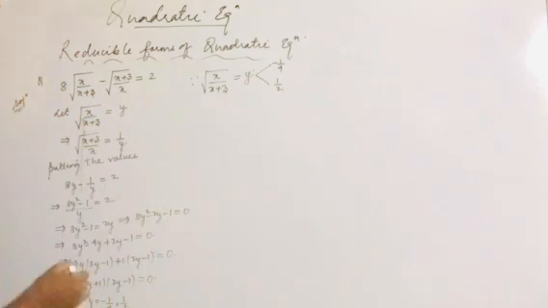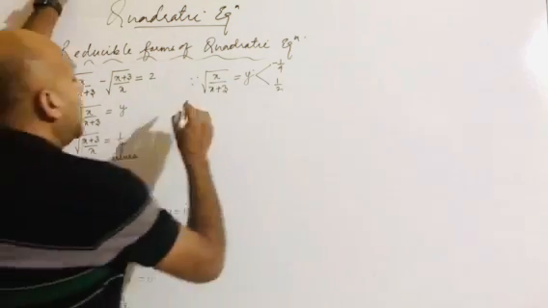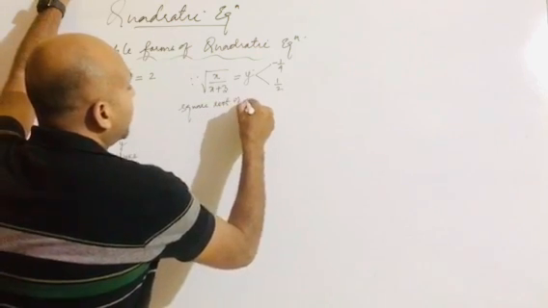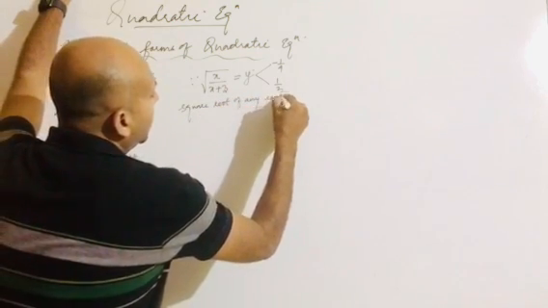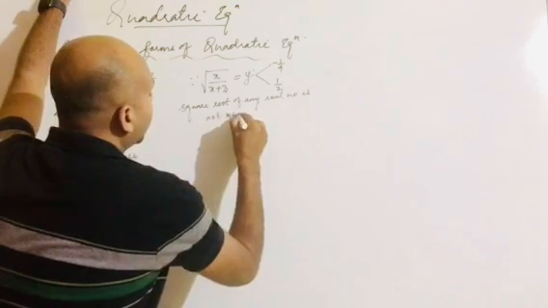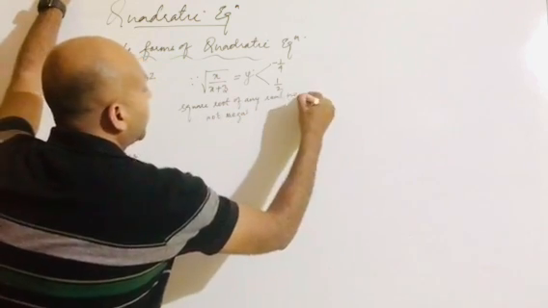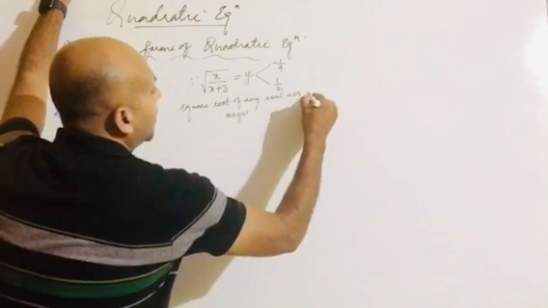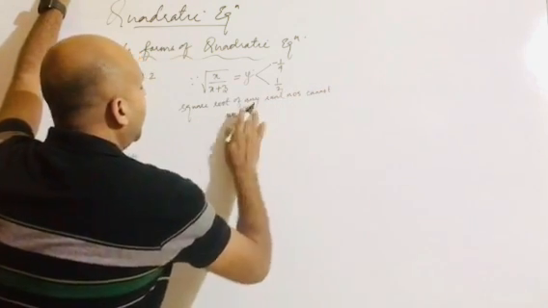So children, tell me, can the square root of anything be negative? No, it's not possible. So that's why we use the statement that the square root of any real number cannot be negative.